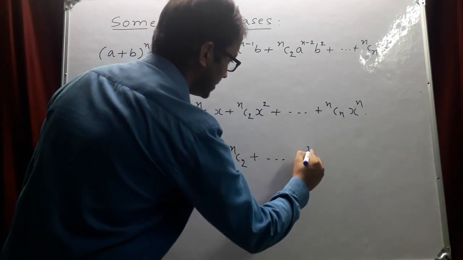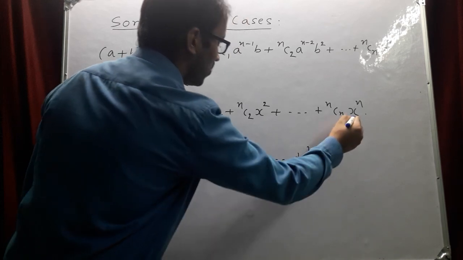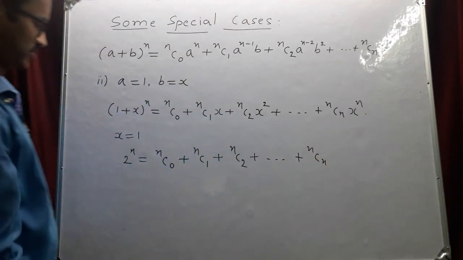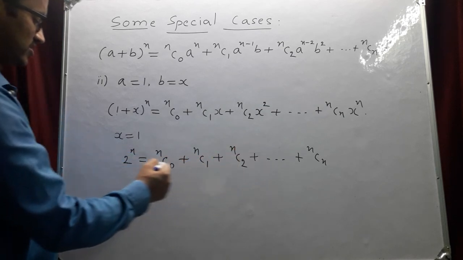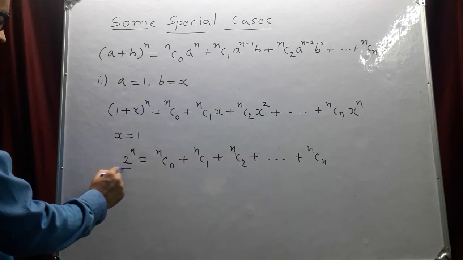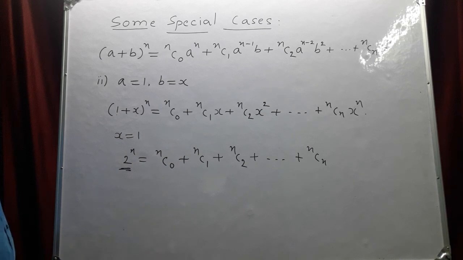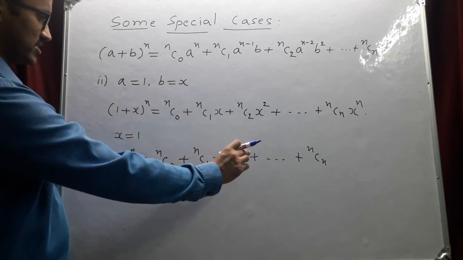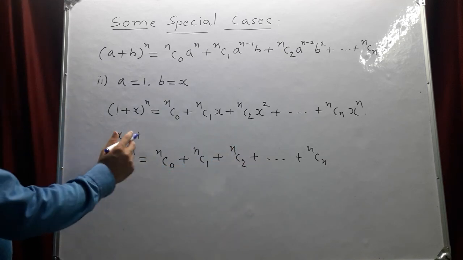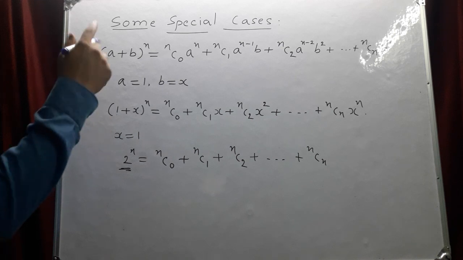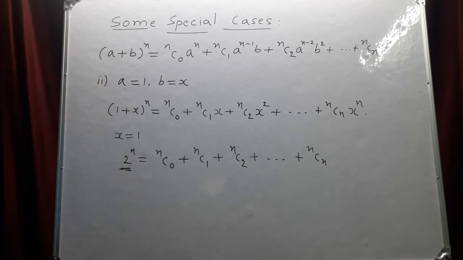The last term is nCn 1 power n, which becomes 1. If you add all the coefficients, we get 2 power n. For any index n, if you add the coefficients of the expansion, it will be a power of 2. This we have seen in Pascal's triangle.